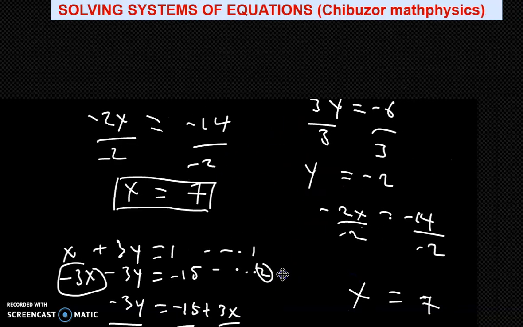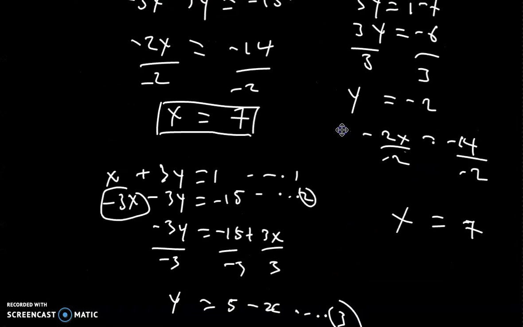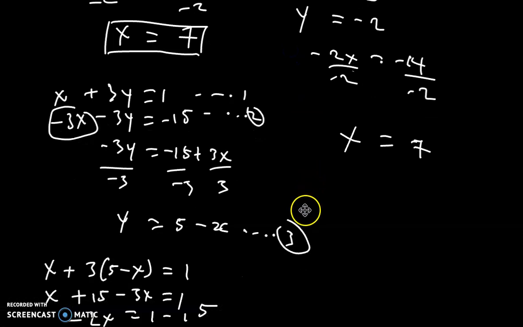So whether you use elimination or substitution, the idea is to get the same solution, because now that you have x, you can substitute it in any of these equations and you will get negative 2.